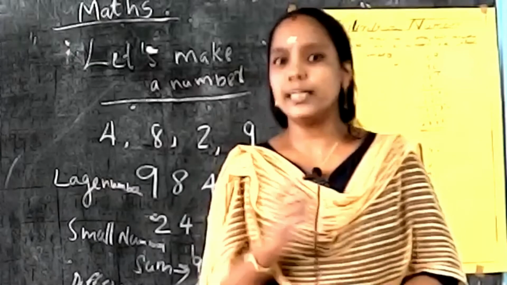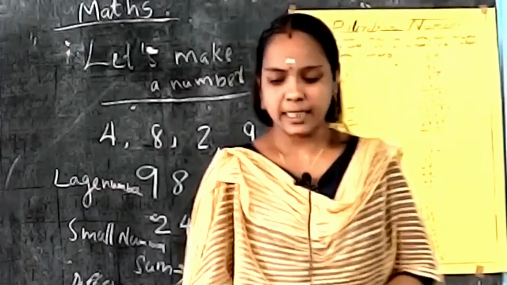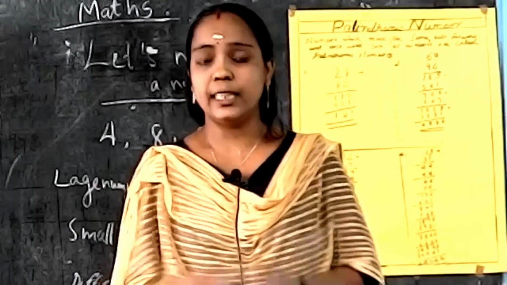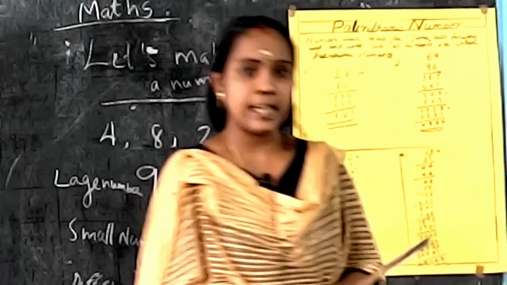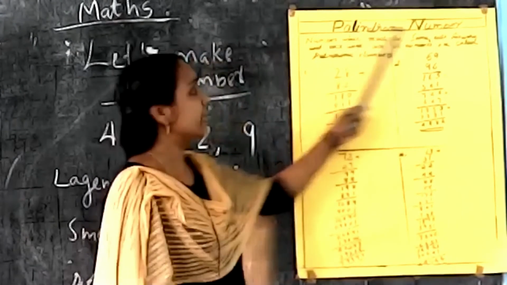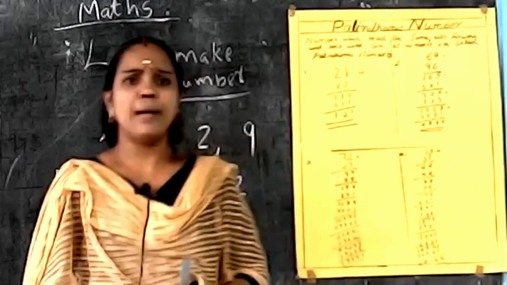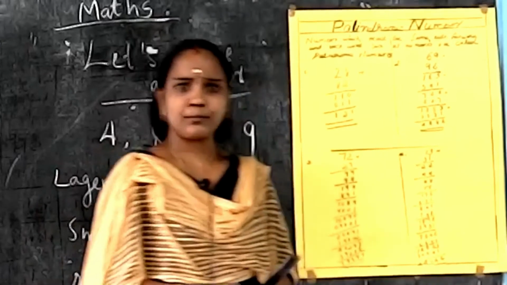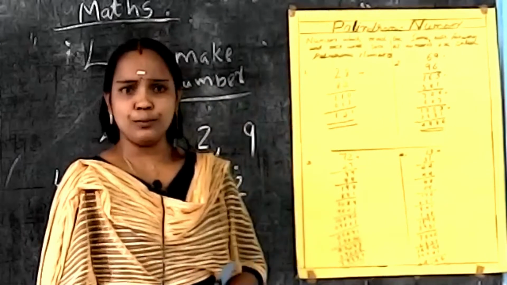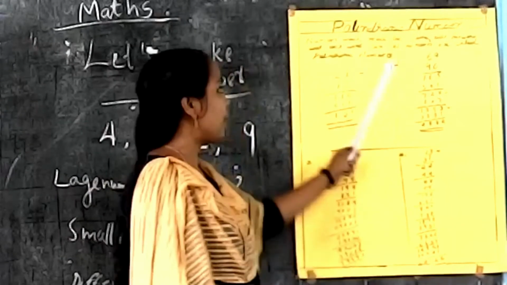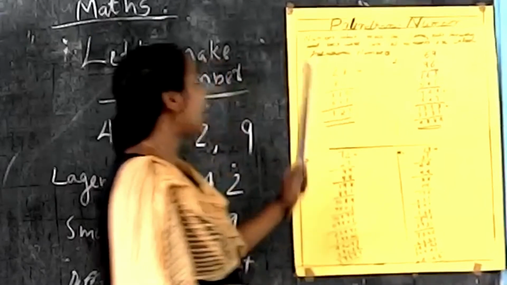Next one, another game. What is the other game, do you know? This is also a new topic. You didn't hear that name. What is the name? Palindromic numbers. What are palindromic numbers? A number which reads the same both forward and backward.